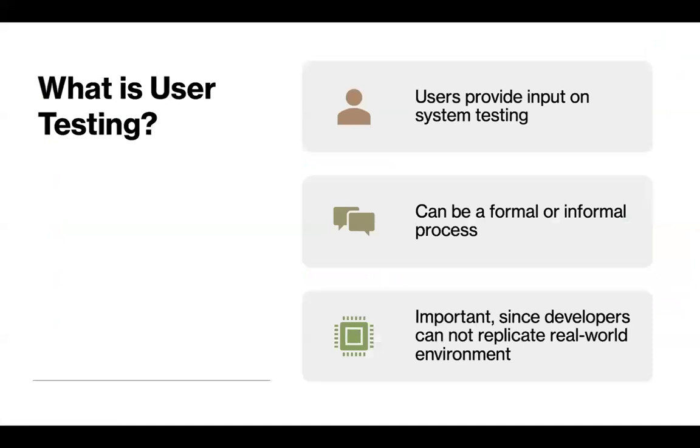All right, let's start with a broader topic. What is user testing? Both alpha and beta testing fall under a user testing group. Basically, we ask users to provide input on whatever we are building, whether it be a social media, a website, a project, a system, a product, anything like that.